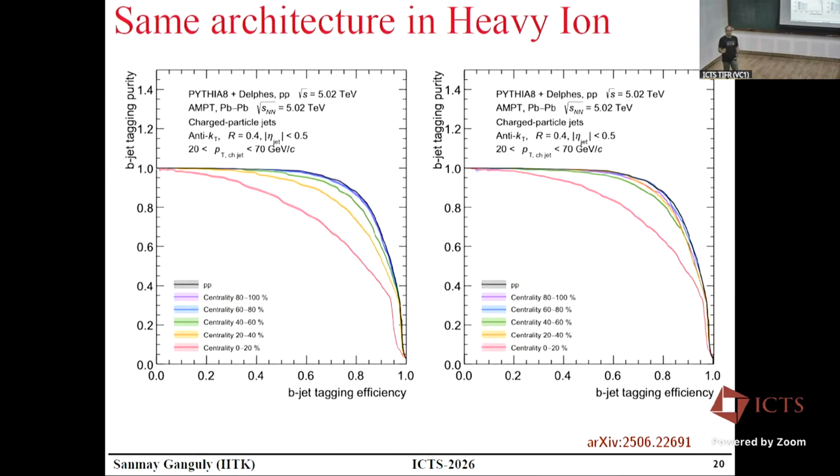It worked pretty well, perfectly well. They didn't do any modification to the architecture. They just had to retrain on a heavy ion simulation from scratch. But the whole point is that we can now develop neural networks as a community which work across varying environments. So that is a nice progress we have.